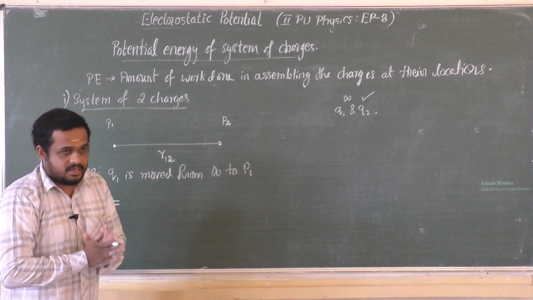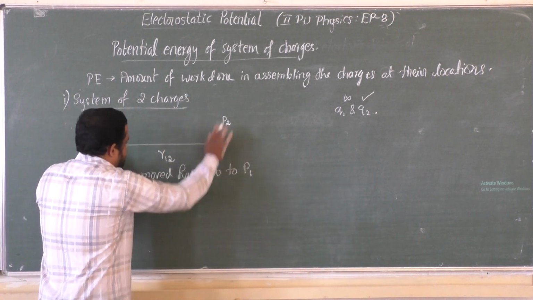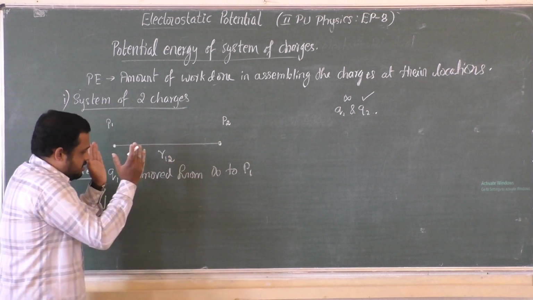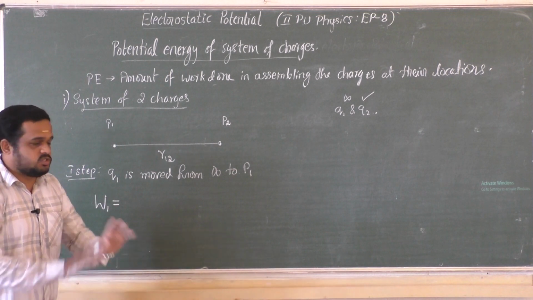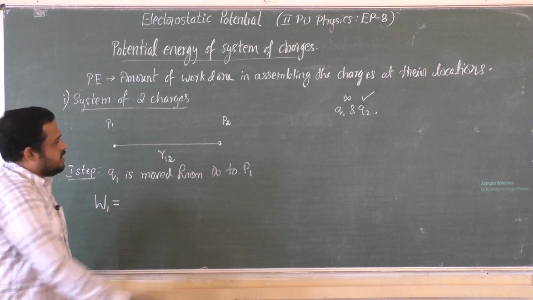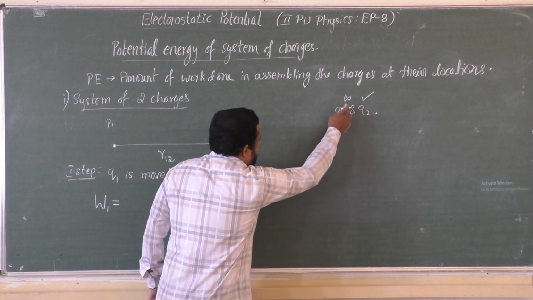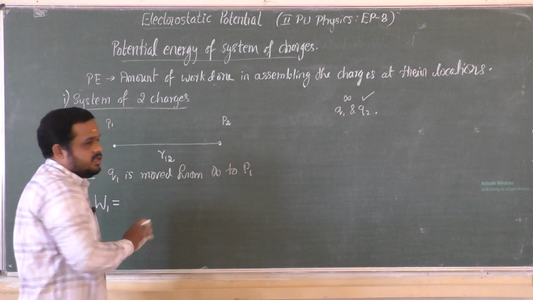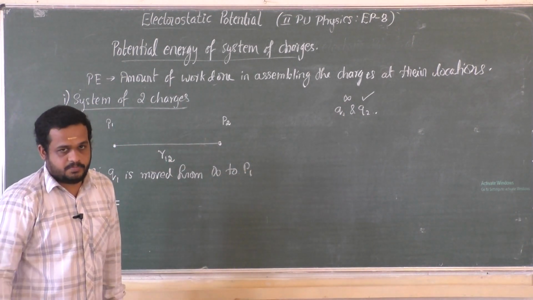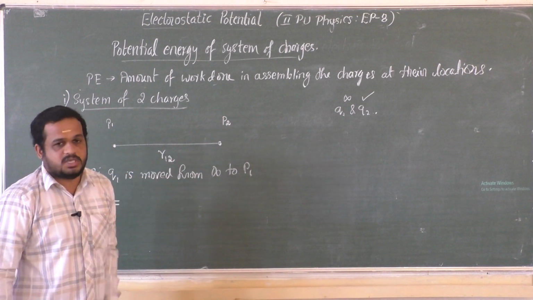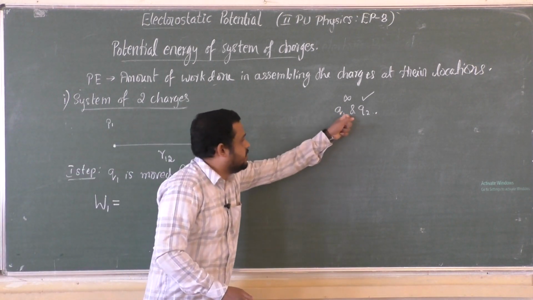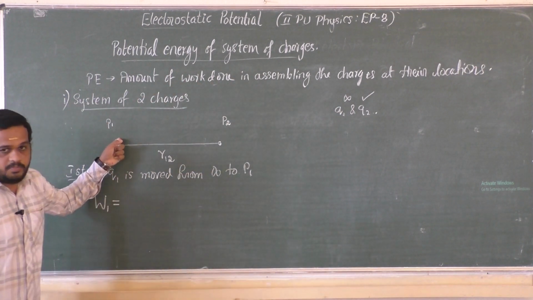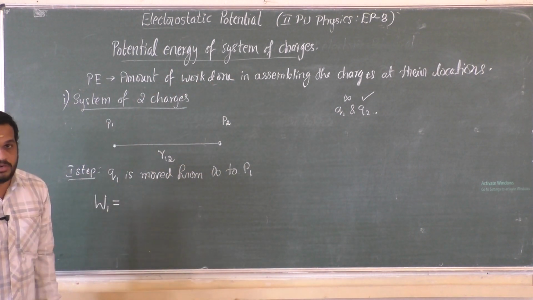In this region, where we want to assemble two charges, there is no other charge, there is no electric field. Therefore, there is no opposing force, and external force is not necessary to shift Q1 from infinity to point P1.